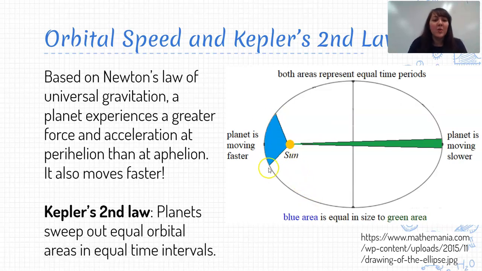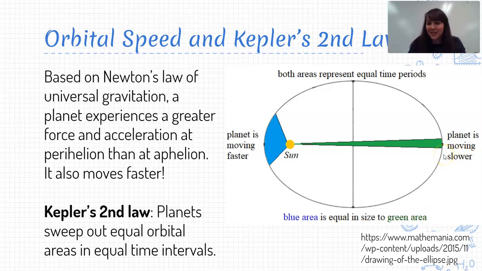So if this blue area represents how far the planet traveled over the course of, say, 35 days, this green area also indicates how far the planet traveled over the course of another 35-day period.